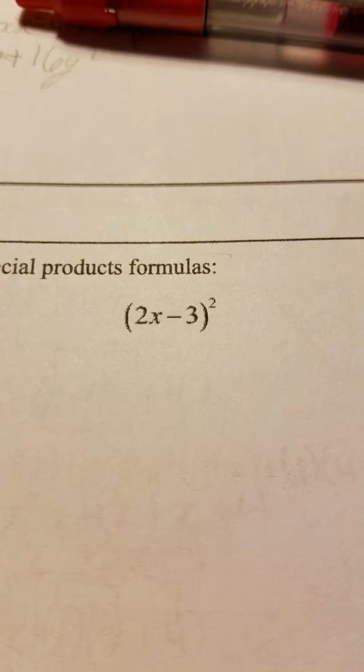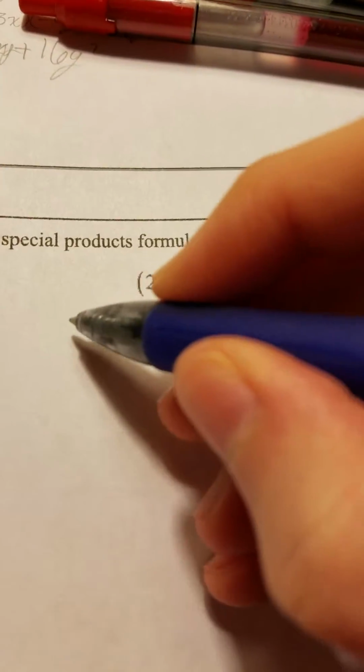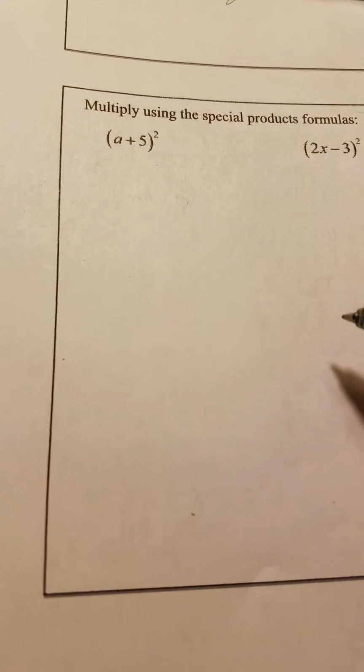So here we have 2x minus 3 squared. I'm just gonna write it out to the side because I like this better.